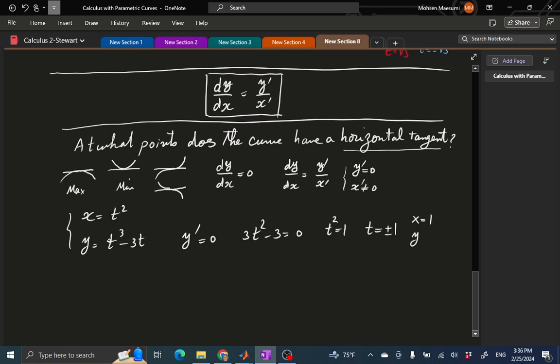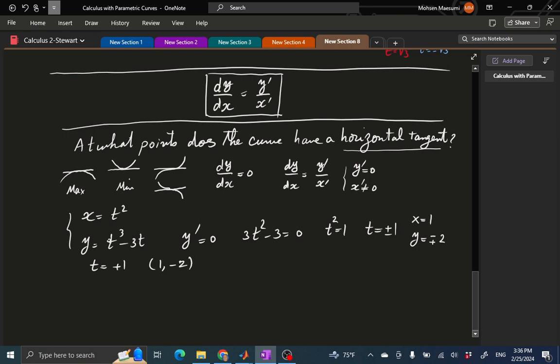For y, if I use 1, I get 1 minus 3, which is minus 2, and if I use minus 1, I get minus 1 plus 3, and that's plus 2.